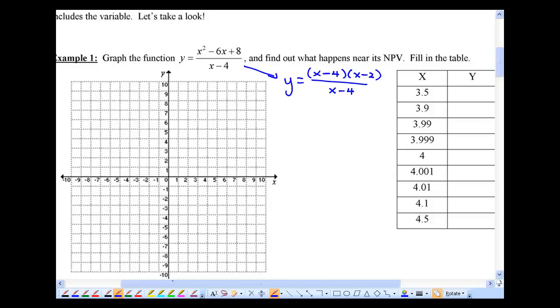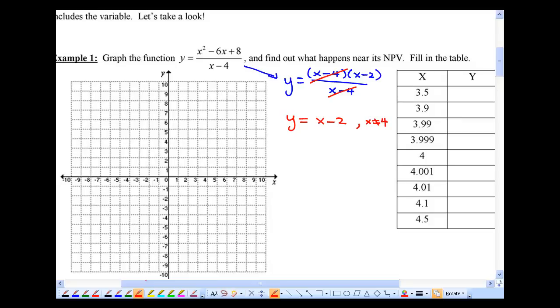And now, can you see why I said there's a common factor? Many of you will be like, oh yeah, goodbye, goodbye. And therefore, y can be simplified to x minus 2. But wait, we have to make sure that we also take into account that factor that we canceled out. And yeah, x can't be equal to 4.